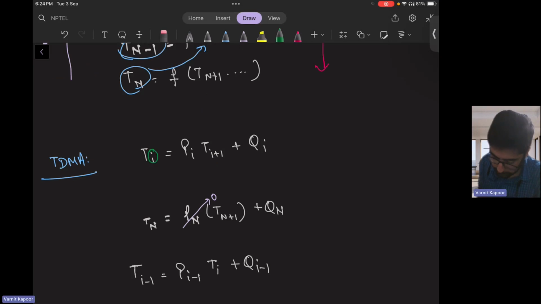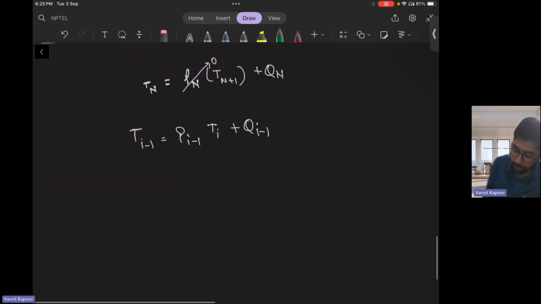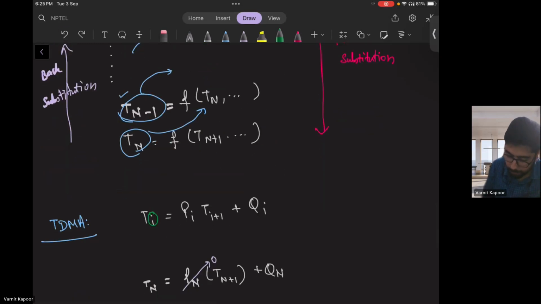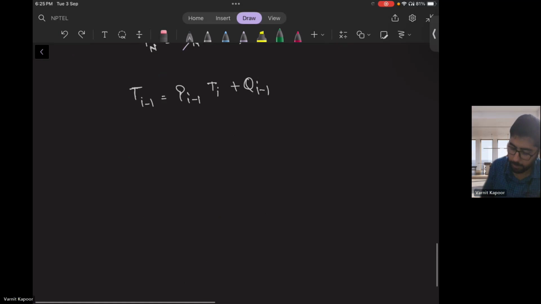If you are finding the value of Ti, the coefficient will be P of i and the constant will be Q of i, but here it will be of the next node, that is the east. Similarly, I have done here. If you are finding the value of i minus 1, it is the coefficient of i minus 1, constant of i minus 1, and the value of the east. Got it?